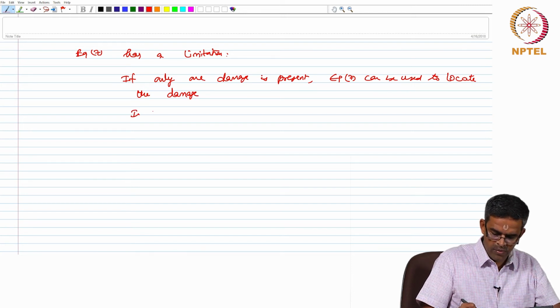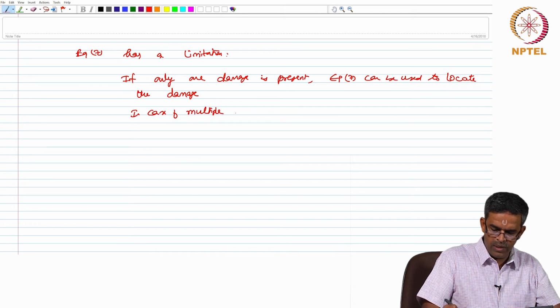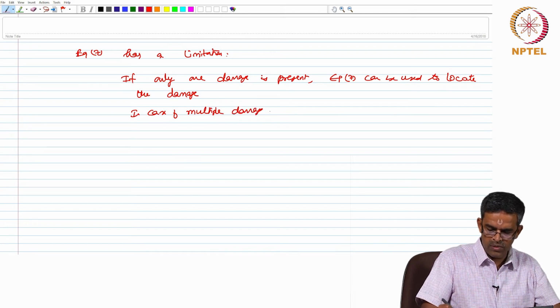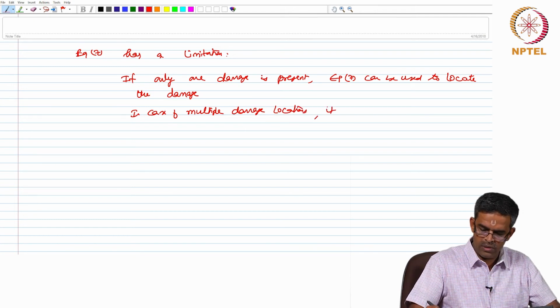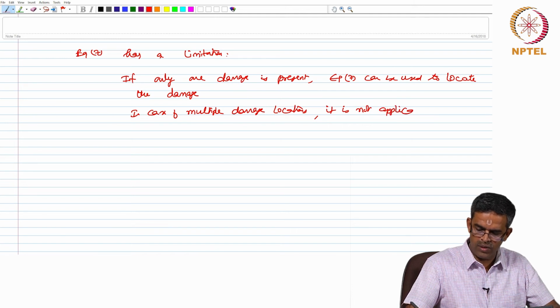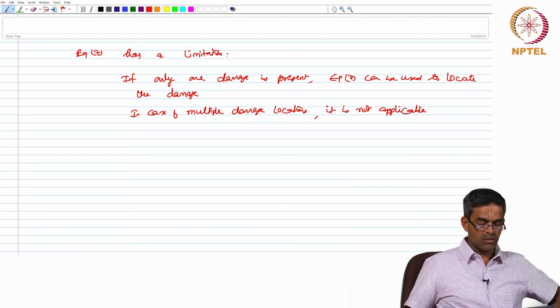In case of multiple damage locations, it is not applicable. So, that is one of the limitations of equation 7.